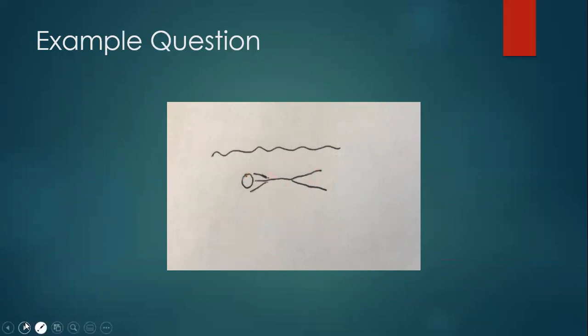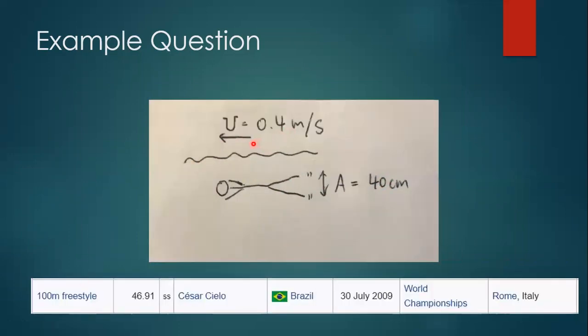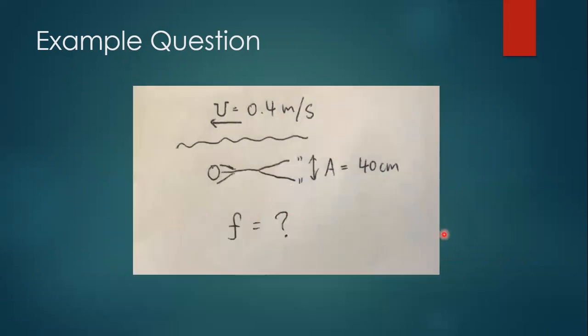To solve this problem, let's assume I swim only by kicking my legs with an amplitude of 40 centimeters, and assume I swim at a velocity of 0.4 meters per second, which is about 1/5 of the world record of the 100-meter freestyle. Pause and ponder here. What is the frequency of my leg kicking if we want to swim in an energy efficient way?